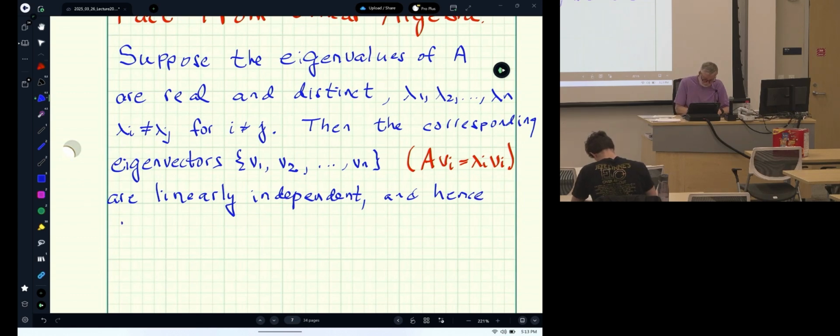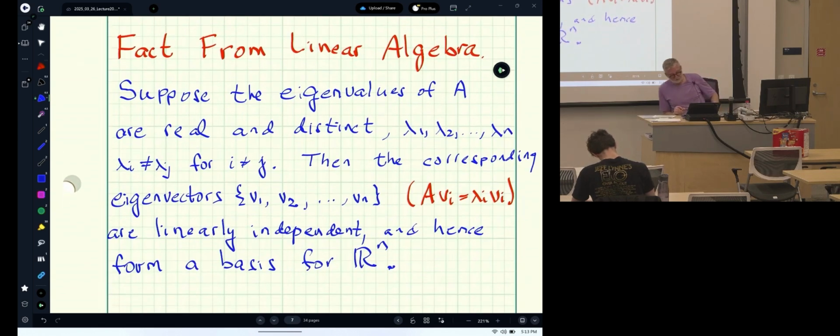And hence, form a basis for R^n. Now you may be rusty on your bases, and you may be rusty on linear independence, but I'll remind you very quickly, once you get that written down.